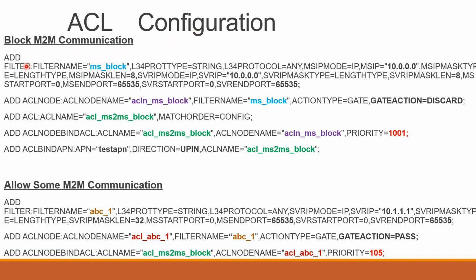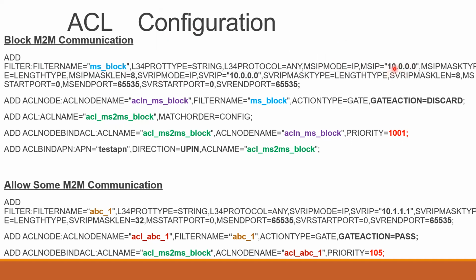it's done. So you add a filter, name any filter, and here you specify the MS IP mode is IP, and then you specify what the source IP address is. So for the source IP address we've mentioned 10.0.0.0 because every operator has private IP addresses that start with 10.